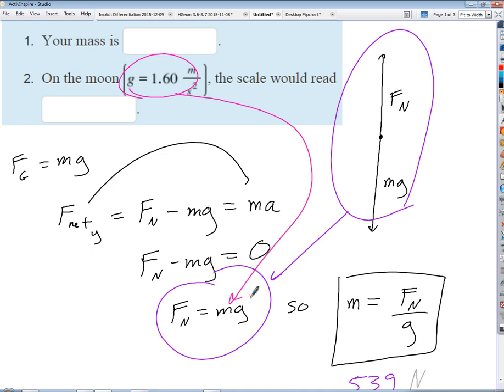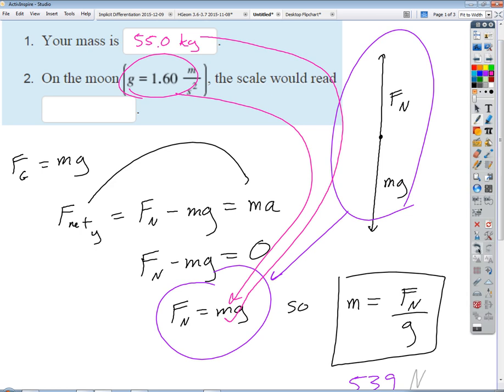So I would just have to multiply 1.60 times, wasn't that 55? Times, oops, I got that backwards. My arrows are all backwards. I gotta fix that. That's gonna mess you up.